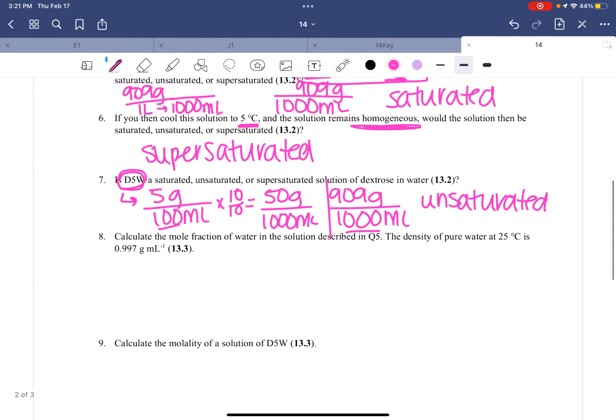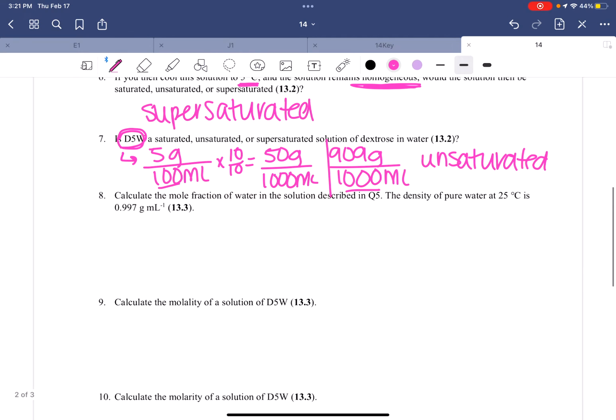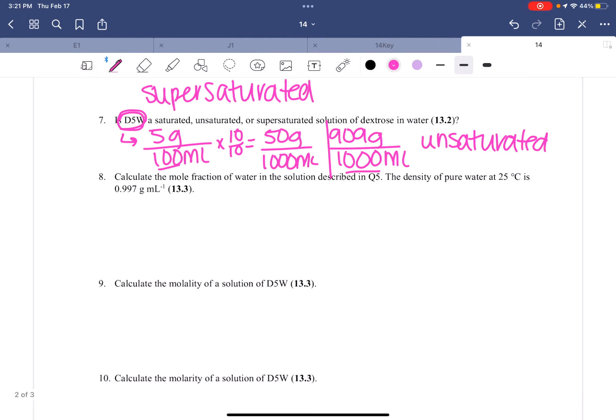So now we're going to get into some more heavy math. I just wanted to remind you all that there are 2 different solutions of this dextrose in water.